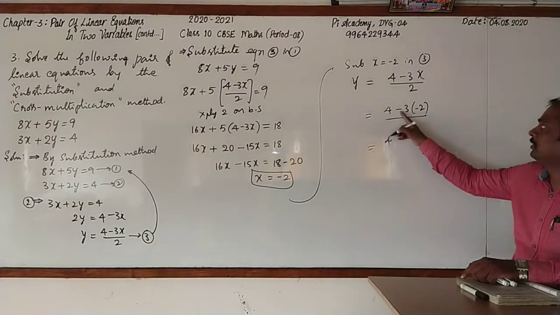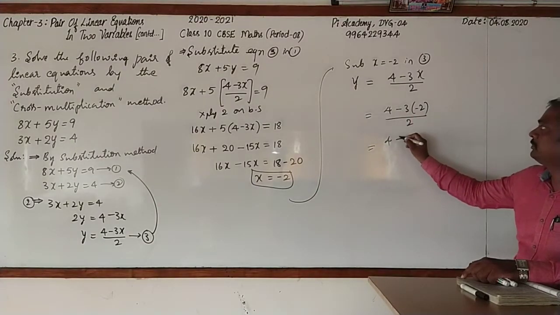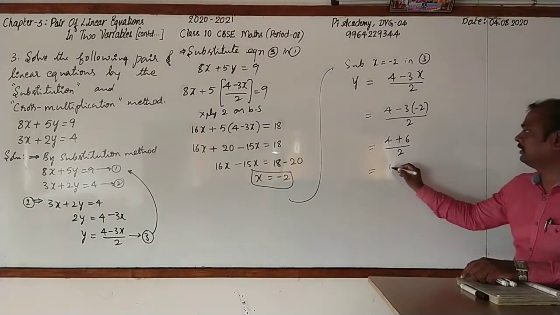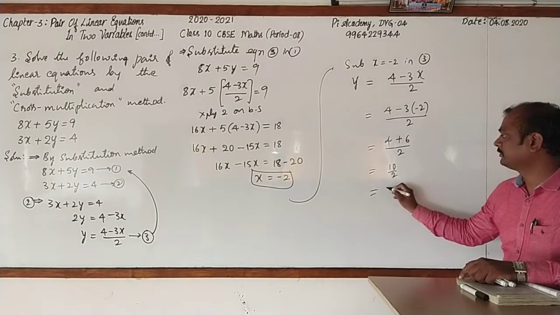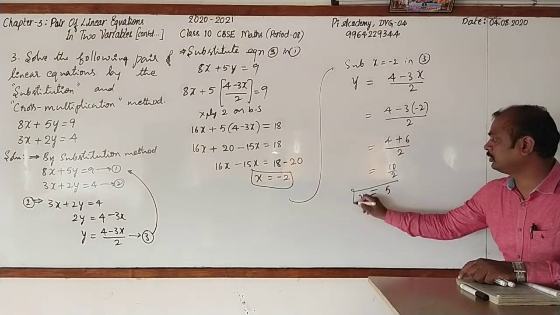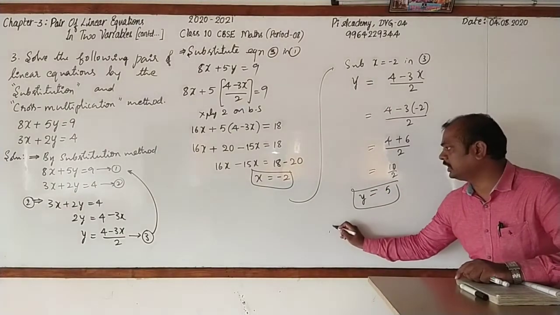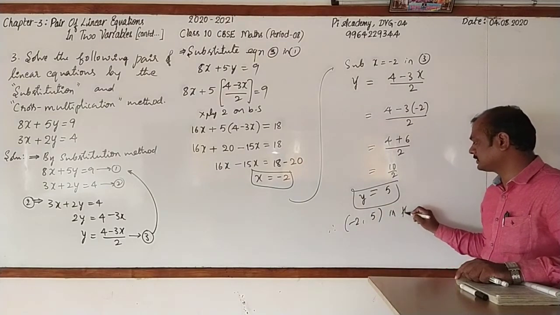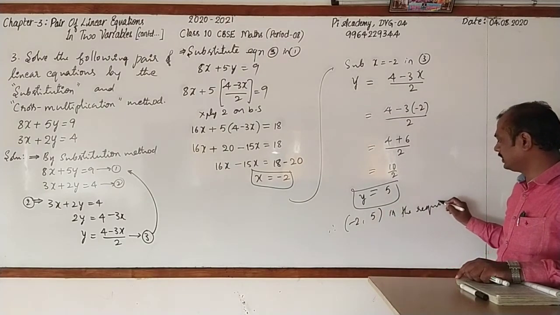Next, 4 minus into minus plus, 3 2s are 6, by 2. 4 plus 6 is 10, 10 by 2 is 5. y equal to 5. We can write, therefore, x equal to minus 2 and y equal to 5 is the required solution.